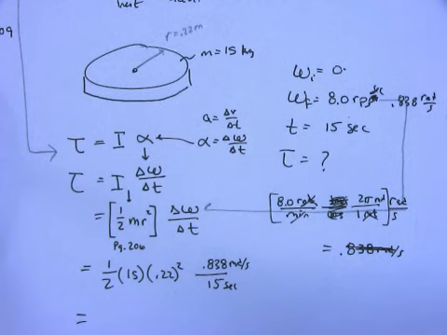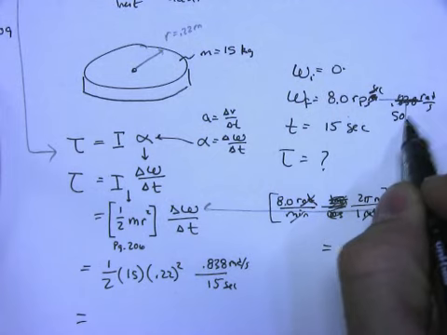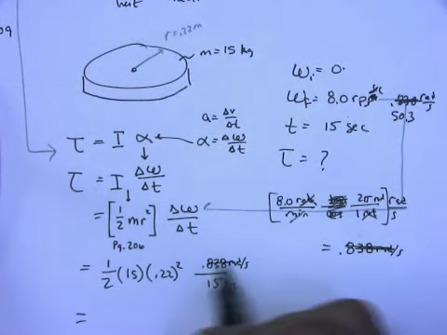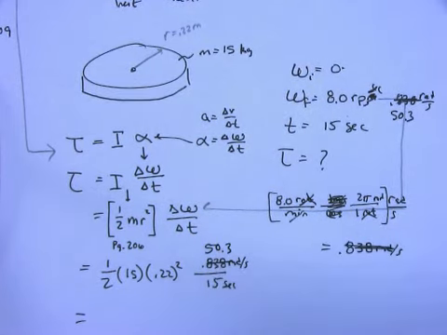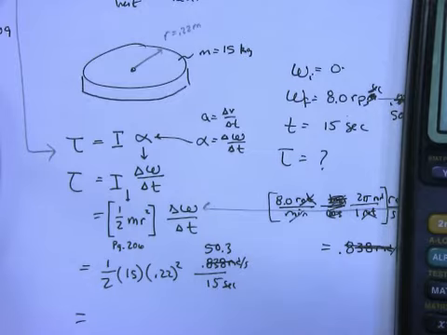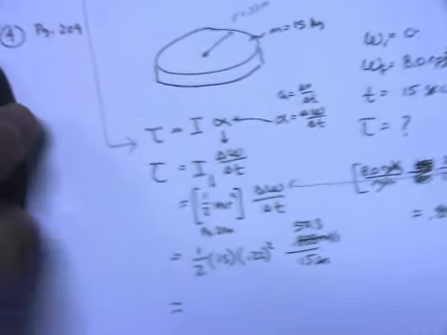So that's 50.3 radians per second, and that's the number that goes in here. I was looking at the answer in the book, and I didn't do it quite right. Something was screwy.